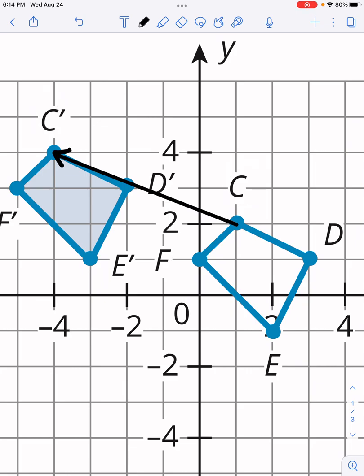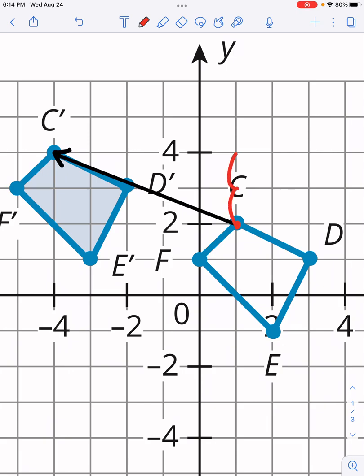Okay, so we're going to do this for all the other vertices as well. But first, working with C to C prime, you're just trying to figure out what is the path from here to get to the arrowhead of this arrow. It doesn't matter which way we go, whether we start counting up or left, but those are pretty much the two directions I need to go to get to C prime. I'm going to start up just because there's more space up here.